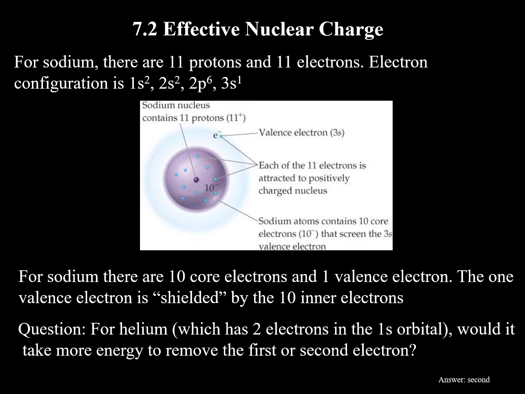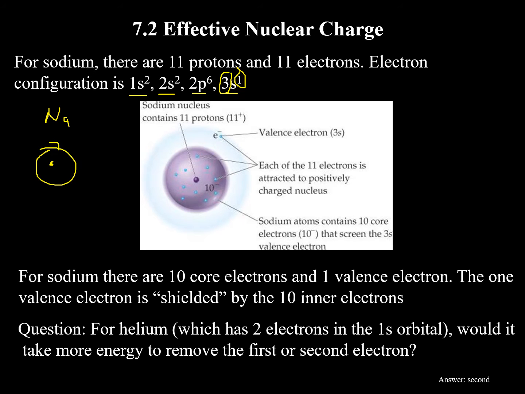So we talked about sodium. It has 11 protons and 11 electrons. The electron configuration, which we can talk about now, is 1s2, 2s2, 2p6, 3s1. So we have 1 valence electron because there's 1 electron on the outer shell. And this is shown here. It's a nice picture, but for sodium, we have 11 electrons. Say this is the nucleus.